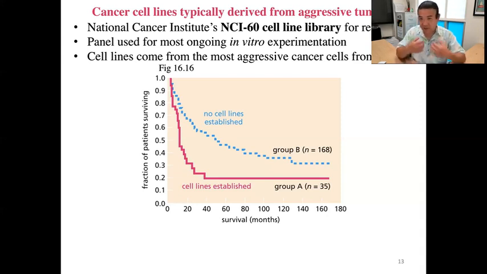So for example, if you're studying prostate cancer, like I do, most of my work had to do with 3 or 4 different prostate cancer cell lines. Many of you have encountered the names of some of these cell lines in the articles that you've reviewed. Right? So in breast cancer, things like MCF7 is a very popular breast cancer cell line.